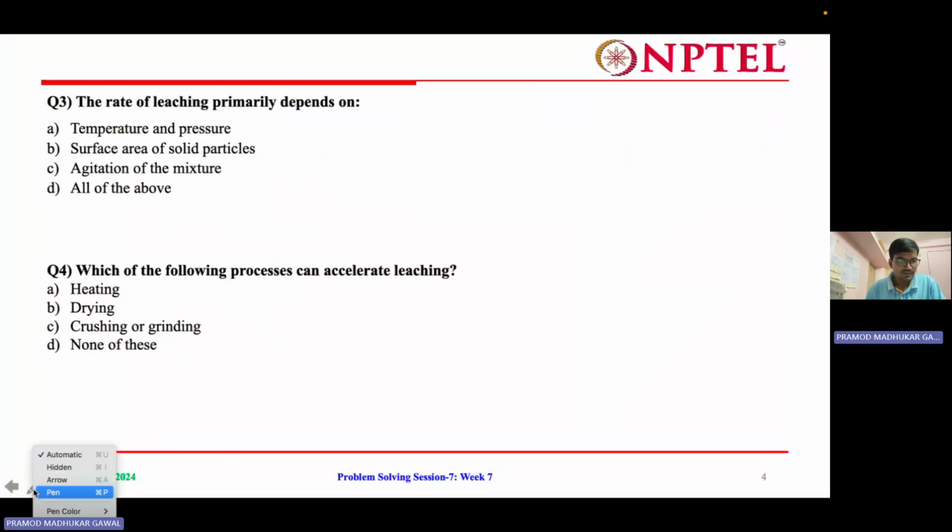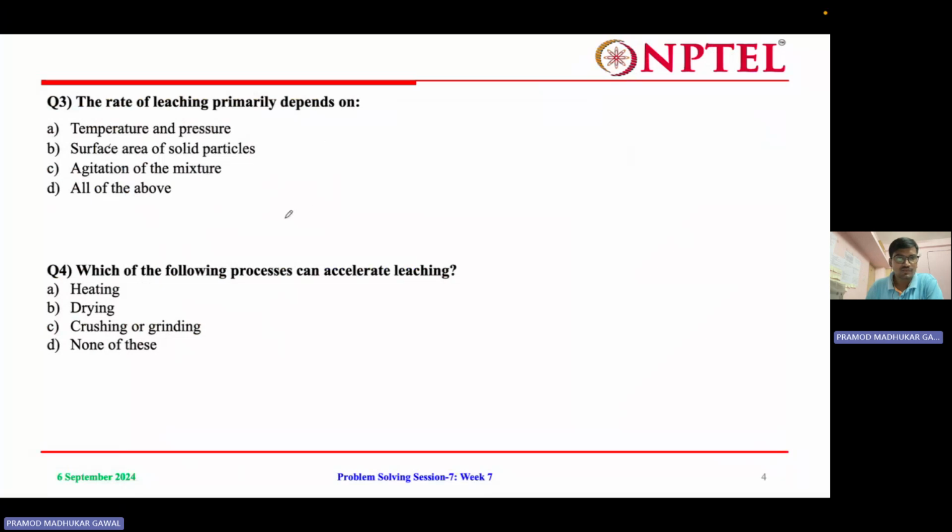Moving to question number 3, the rate of leaching primarily depends on. The options given include temperature and pressure. It depends on them because if we increase the temperature, it increases the solubility of solute in the solvent, right? And it also helps the diffusivity of solute from solid into the solvent.